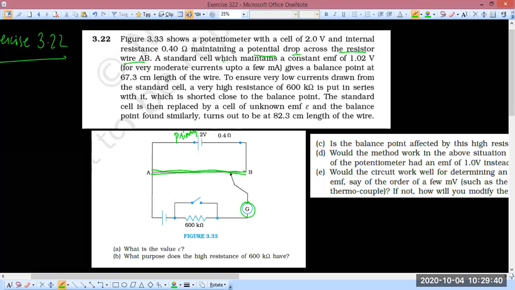A standard cell which maintains a constant EMF of 1.02 volt for very moderate currents up to a few milliampere gives a balance point at 67.3 centimeter length of the wire. This is from which side? From A side by default. Okay, I hope you understand. It's not mentioned in the question, but by default it is from A side.